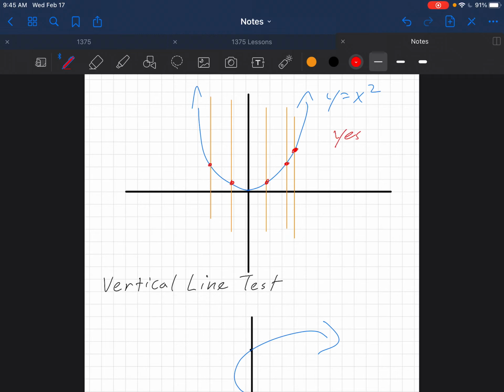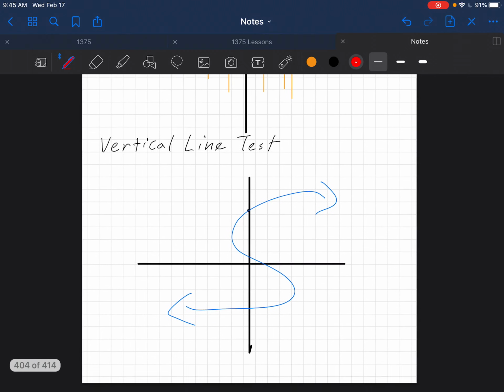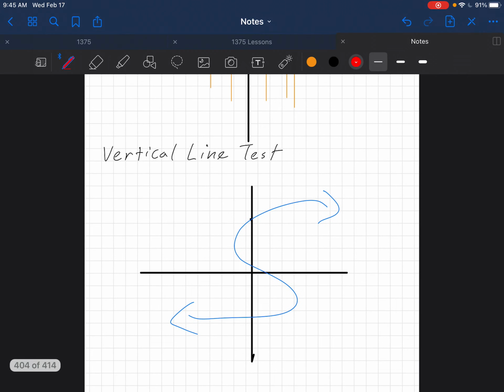Yes, it's a function. Now, if I look at this graph over here, and we want to know whether this is a function, yes or no, if I put a vertical line over here, once again, I'm only seeing it intersect once, but if I go somewhere else, I might see it intersect more than once, maybe 2 or 3 times.